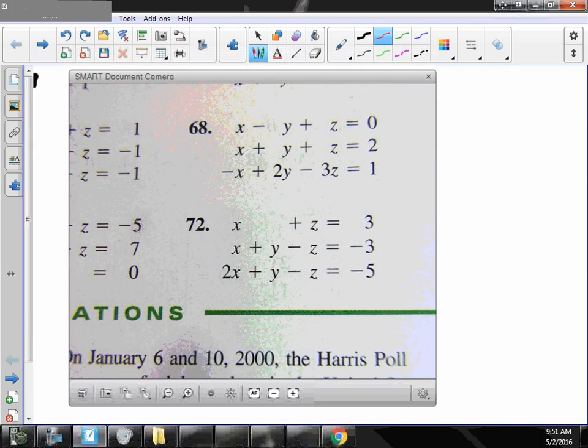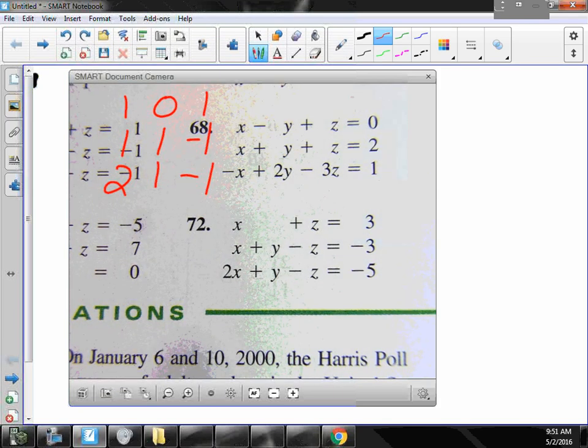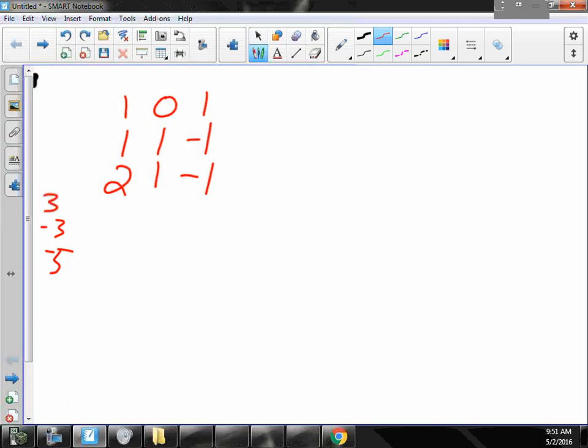So I need to invert 1, 0, 1, 1, 1, -1, 2, 1, -1. And then my solutions, well, I guess the equals on the other side are 3, -3, and -5. All right.